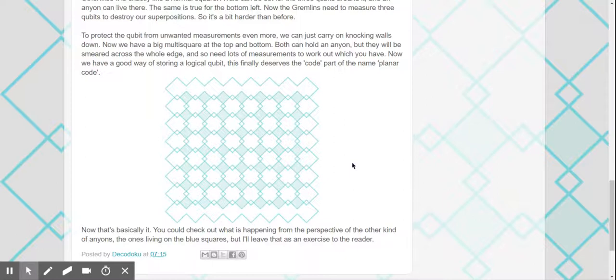How would you do that here? If that's your logical qubit, I don't know what it means to apply an S gate to this thing. Is it that you're applying an S gate to all the qubits? Probably.